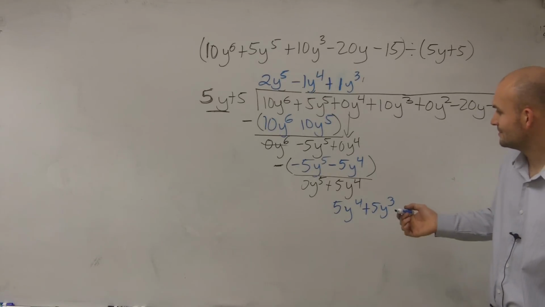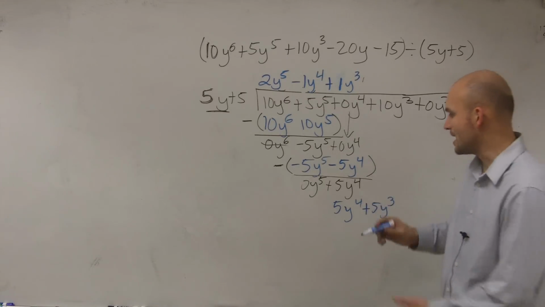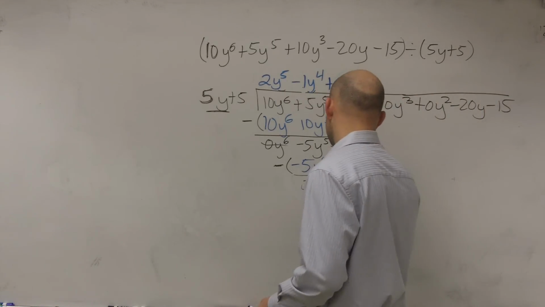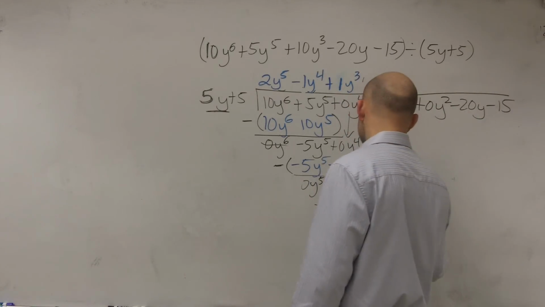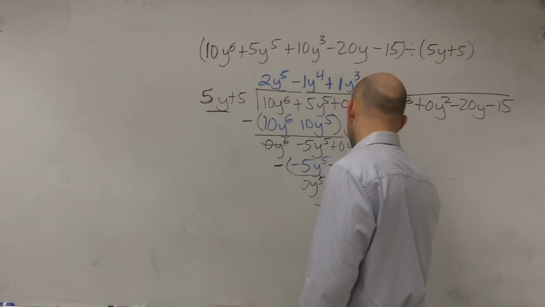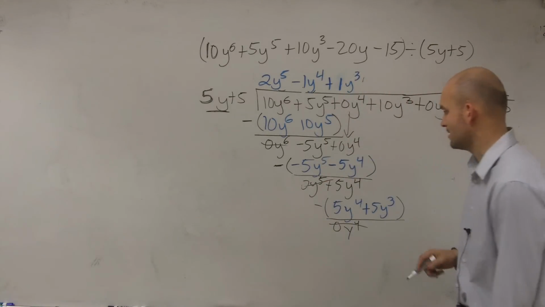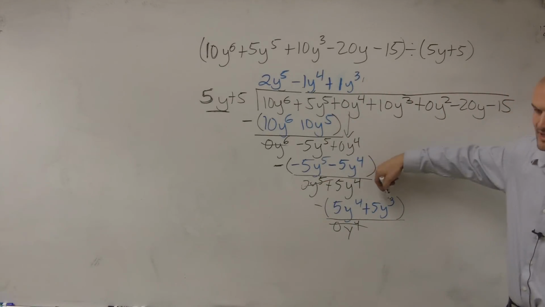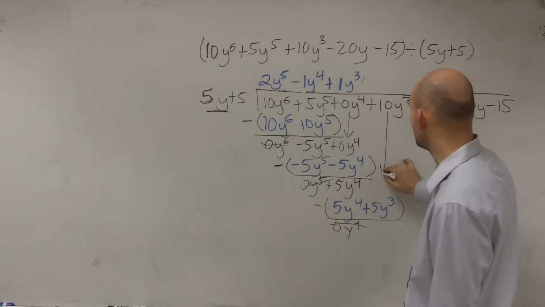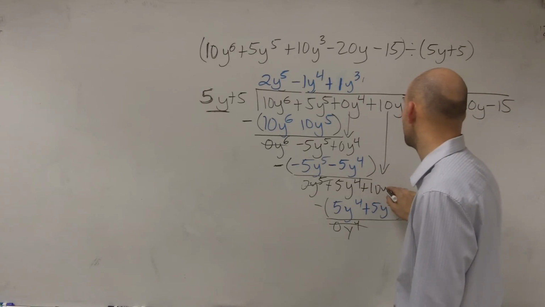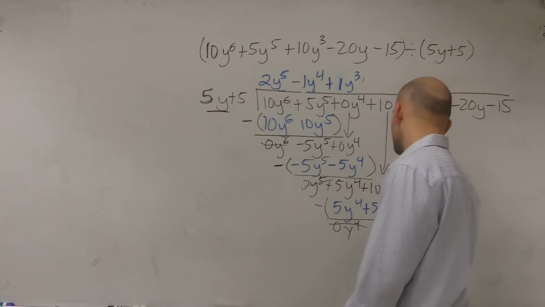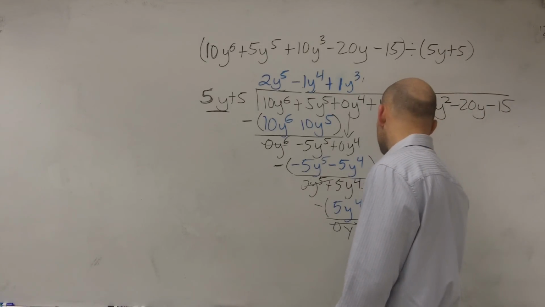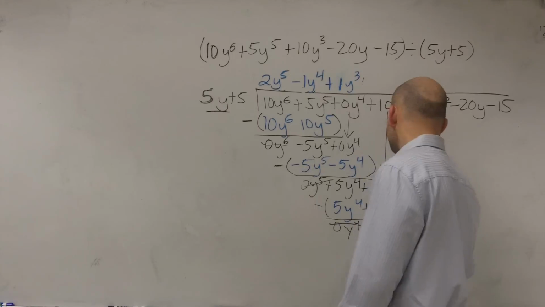Once we have this, we subtract our rows. 5y to the 4th minus 5y to the 4th is 0y to the 4th. Sorry, I forgot to cancel that out, which goes to 0. I don't have anything to subtract from 5y cubed, so I have to bring down my positive 10y cubed. 10y cubed minus 5y cubed is 5y cubed.